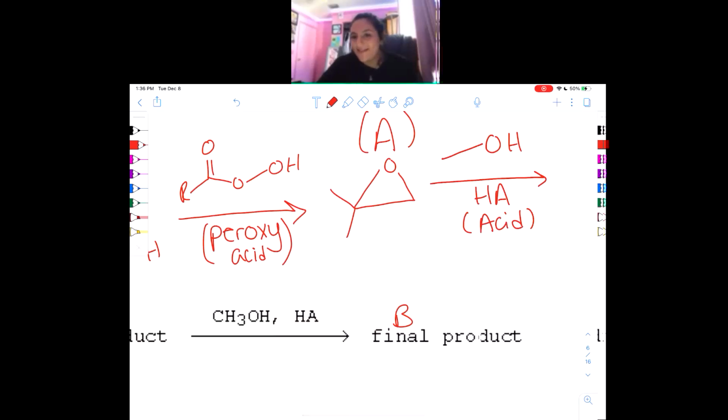Acid. Okay, guys, let's remember back. What is the preferred order of attack in an acid catalyst? 3, 1, 2, exactly. So in this case, this side is tertiary, this side is primary. So which side are we going to attack?